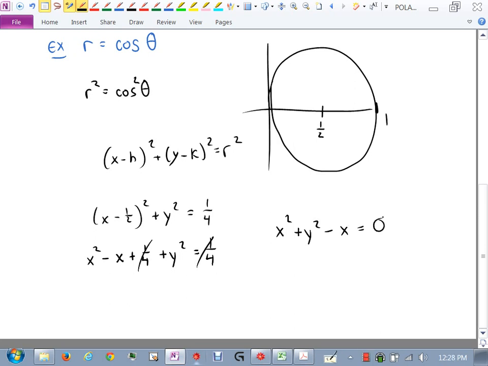Okay, convert it to polar coordinates now. What is x squared plus y squared in polar coordinates? It's r squared. What's x in polar coordinates? r cosine theta. So this is r squared, and this is r cosine theta.